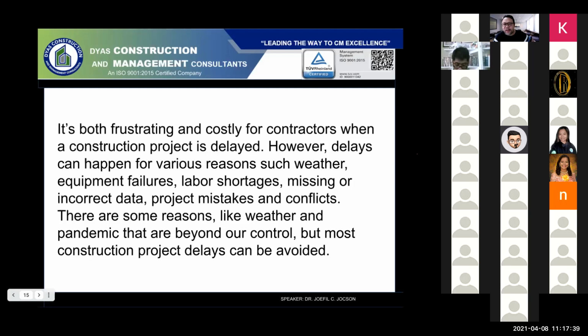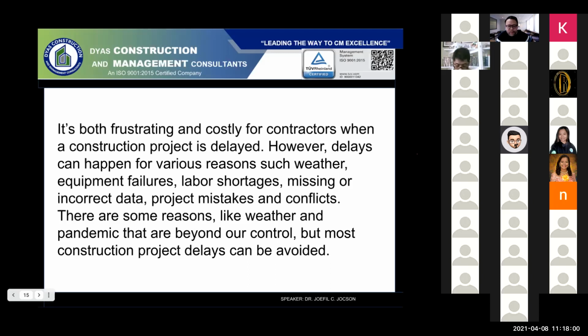Okay? It caught my attention doon sa construction schedule awareness, and whoever did that, that's very good, no? Very excellent idea. Okay? Construction schedule awareness, that's the end of it.